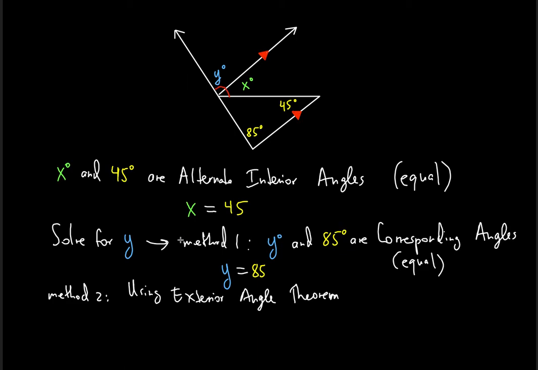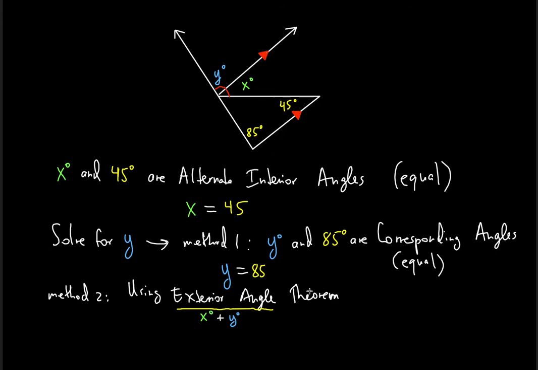This is the exterior angle, x plus y. Let me underline that. The exterior angle would be the sum of x plus y. That would be the exterior angle we drew.